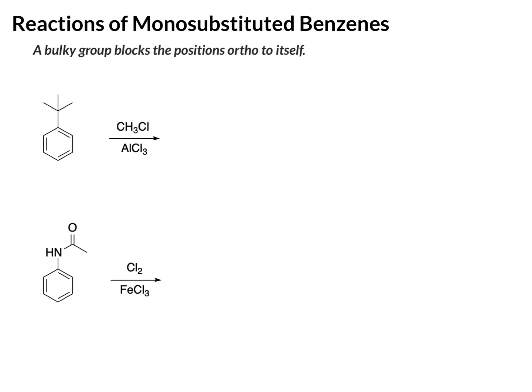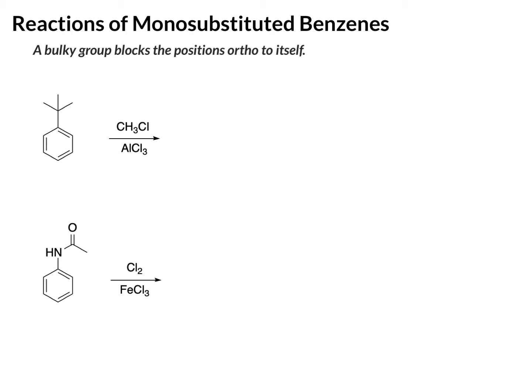These next 2 examples give us important features that are going to be useful when we start to do synthesis. So what we find is that if you have a really bulky group, what that's going to do is it's going to block out and hinder the positions ortho to itself.